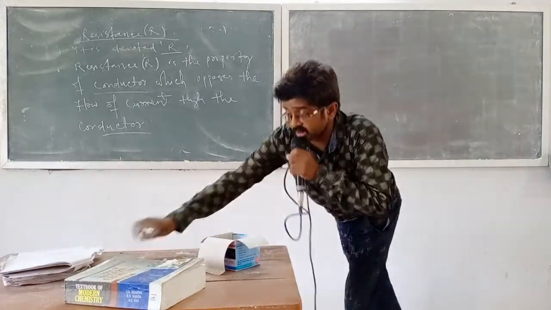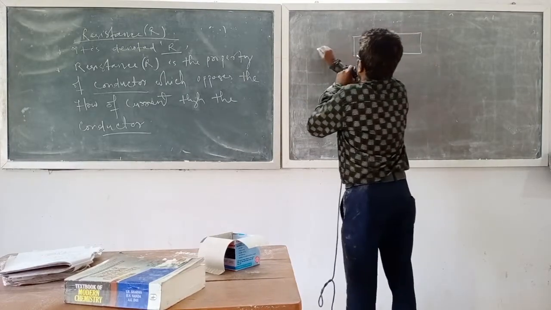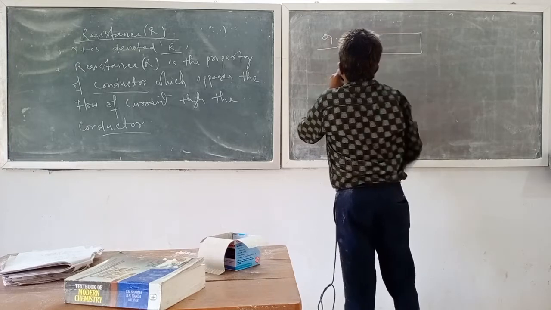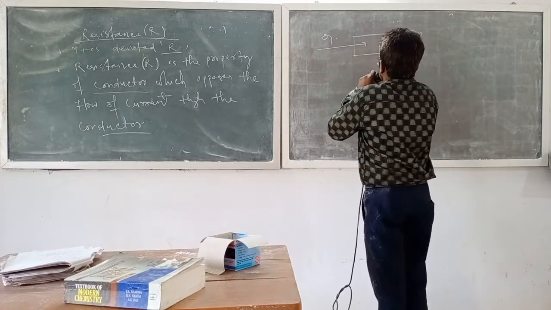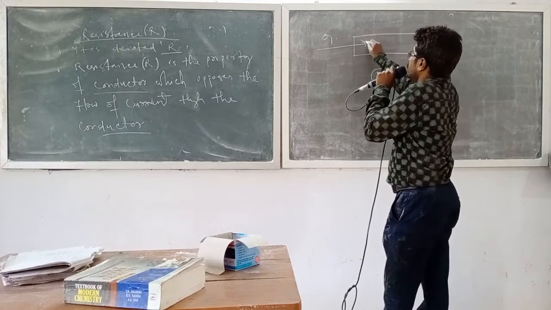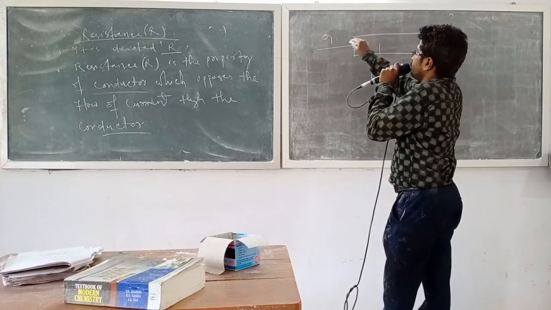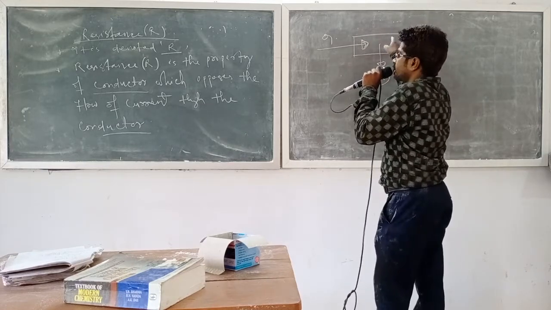Suppose this is a conductor, current I flowing through the conductor. Suppose resistance of the conductor is R. This opposes or prevents the flow of current into the conductor.